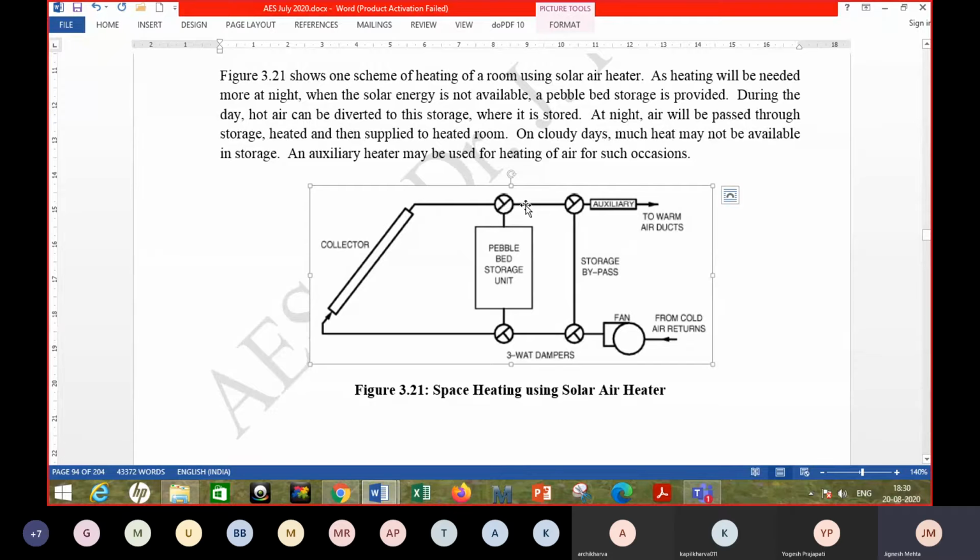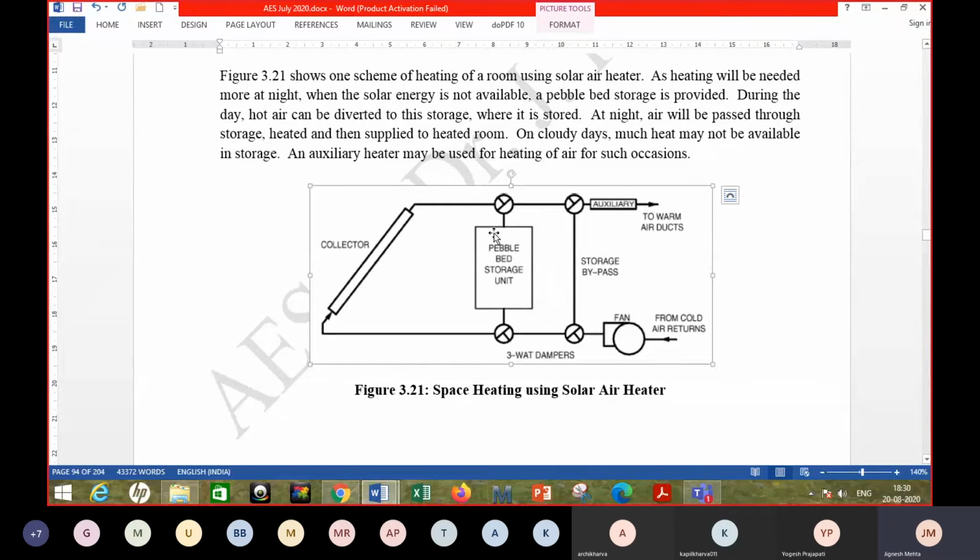You may heat it up to, let's say, 40-45 degrees Celsius, and it will be supplied into the room, and there it will offset the heat loss which is occurring from the room, and maintain the room at 20 degrees Celsius.